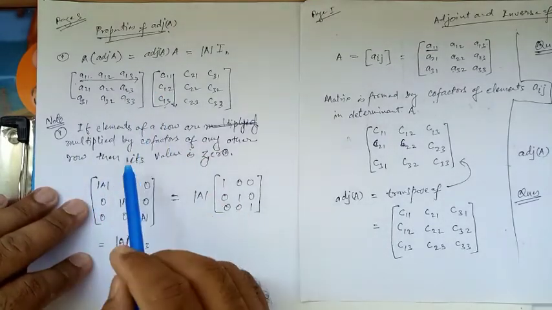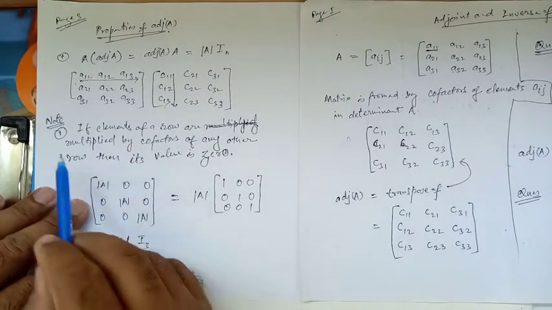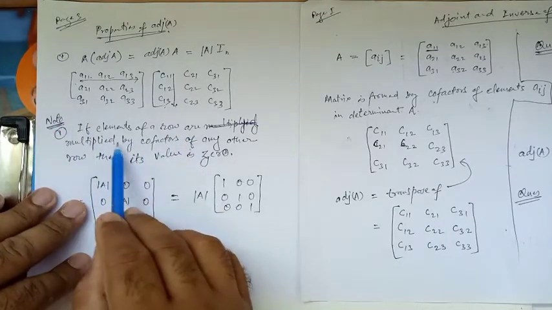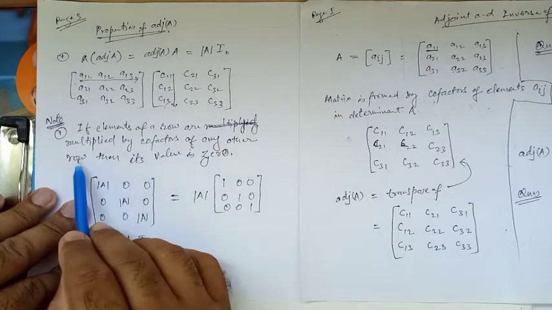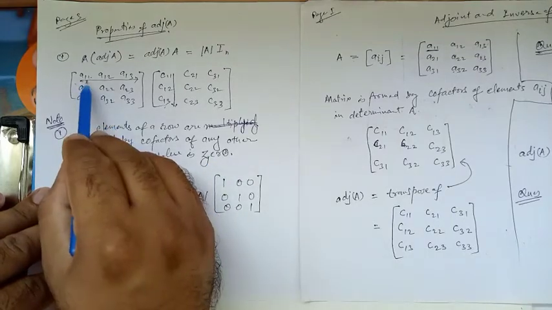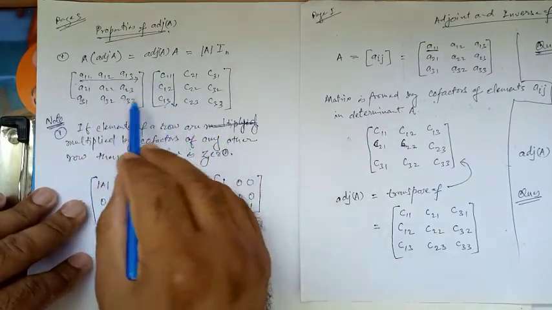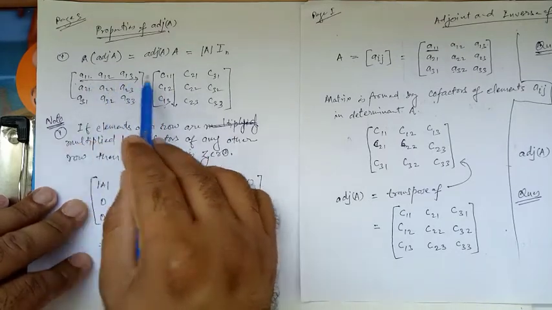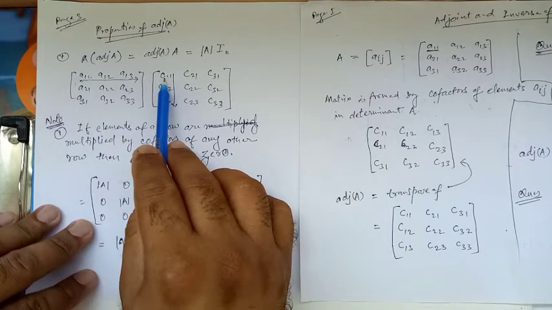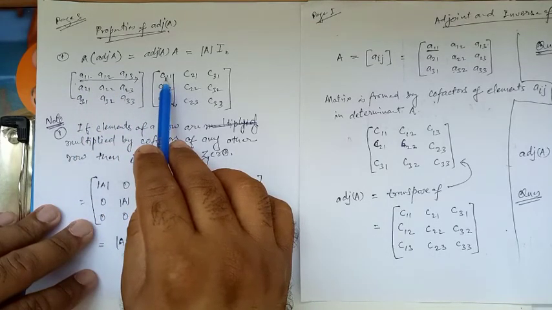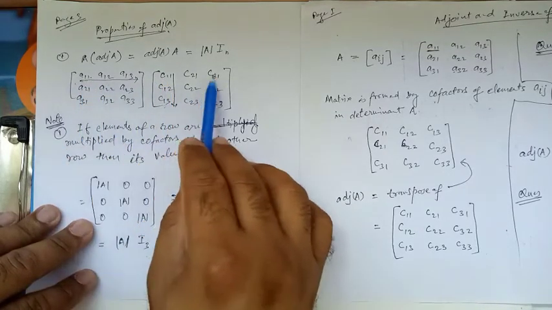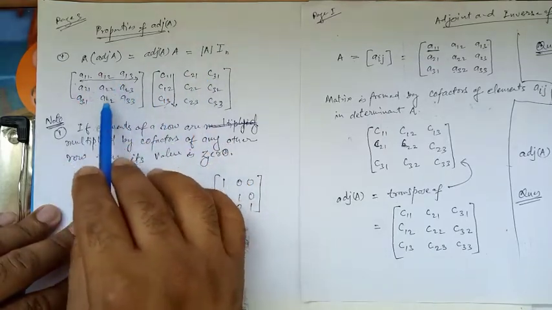So before proceeding further, I will just explain one more thing, that is a remark or note, that if elements of a row are multiplied by cofactors of any other row, then its value is 0. Now if we multiply these two matrices, definitely this is the row-column method. So a11 will be multiplied with C11, where C11 is the cofactor of element a11, and similarly these all are cofactors of the particular elements.